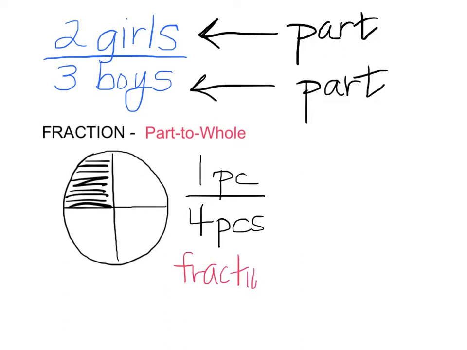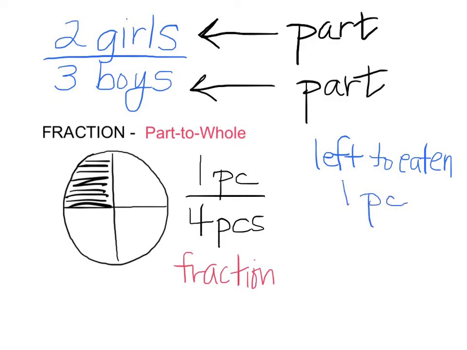But let's say we wanted to write a ratio from this, and we wanted to write a ratio of the pieces that are left to the pieces that have already been eaten. So this as a ratio written in fraction form would be 1 piece, because there's 1 piece left, over 3 pieces, because there were 3 pieces, 1, 2, 3 pieces that have been eaten.